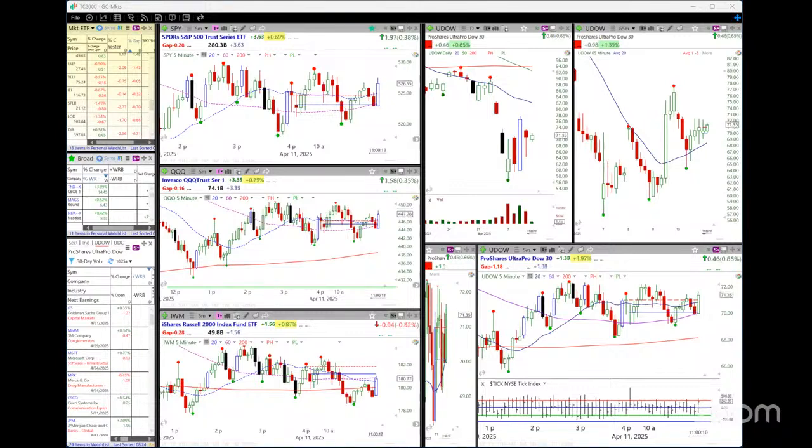Right away it pops up. Algos are having a fun day.